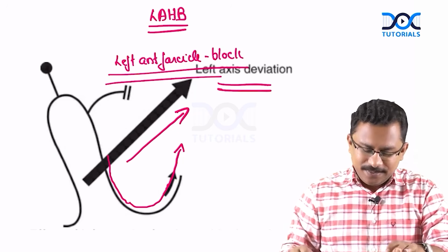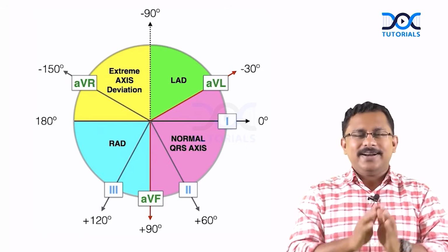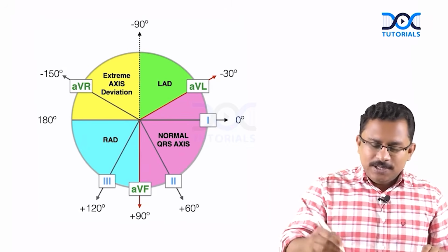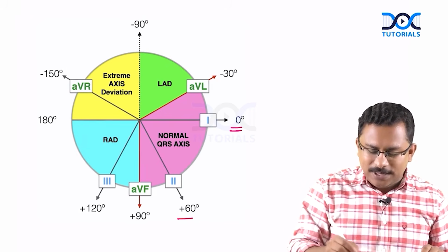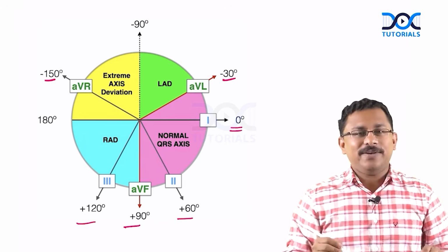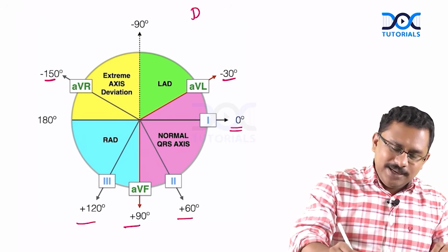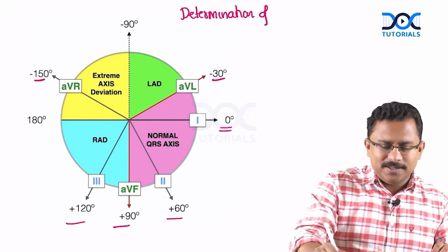This is clear. Now we are moving on to determination of axis, because we have understood axis. Just look at all our cameras: lead 1 at 0, lead 2 at 60, 120, 90, minus 30, minus 150. To determine the axis, there are different methods.